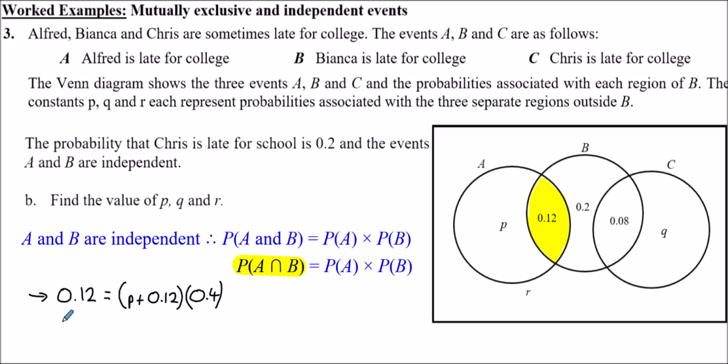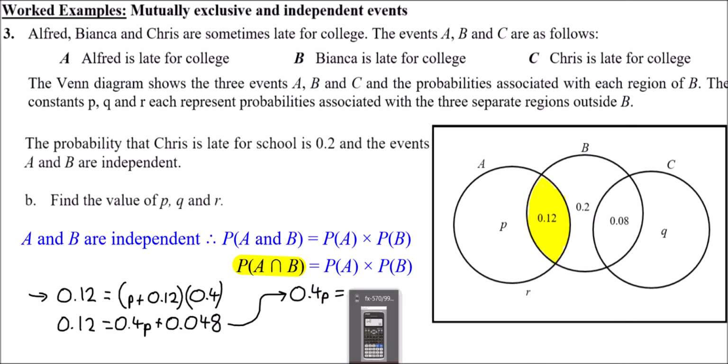So now you can see here we need to expand this out. So 0.12 equals P times 0.4, which is 0.4P, plus 0.12 multiplied by 0.4, which is 0.048. Next, rearrange, so we've got the values on one side and 0.4P on its own. So 0.4P equals 0.12 minus 0.048.